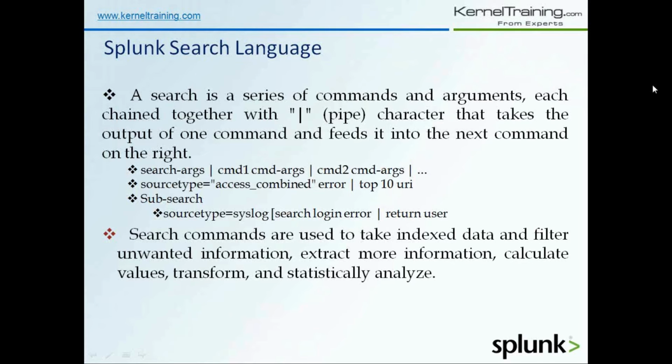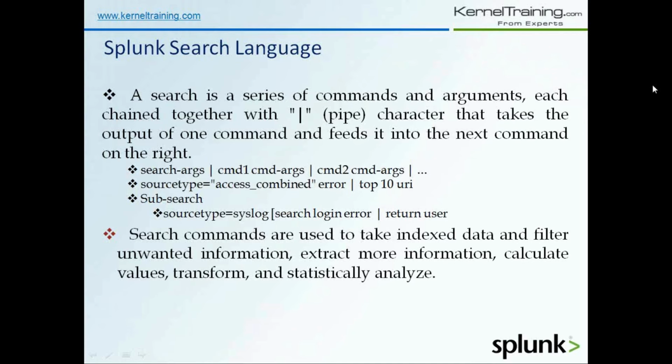You can search based on your source type also, which you will be defining while indexing your data. That is source type, access combined. So now access combined is my source type, which is the placeholder of a particular log type.